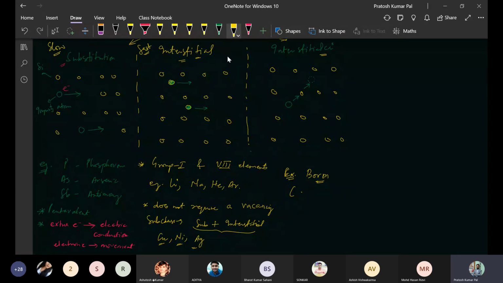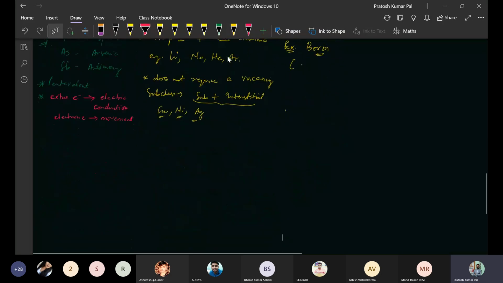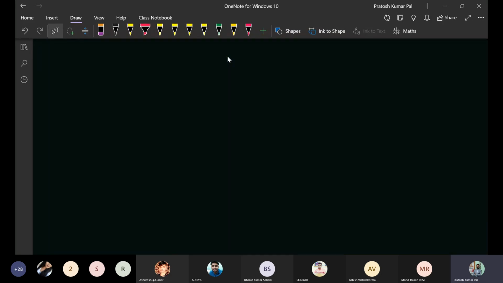Okay, so these are the different types of diffusion we have seen. Next we will see the laws that govern this diffusion. One of the laws that we will be following here is called Fick's law.